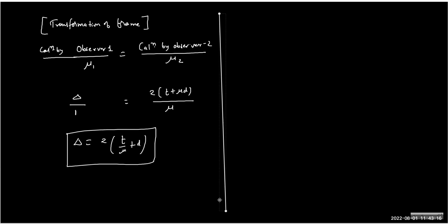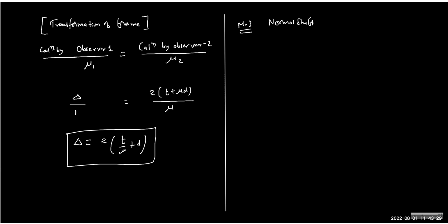And the third method is, of course, the idea we have discussed already, the normal shift method. In the normal shift method, if we have, let's say, a plane mirror, which could be replaced by a concave or convex mirror as well, we can solve that question also. A slab position doesn't matter.